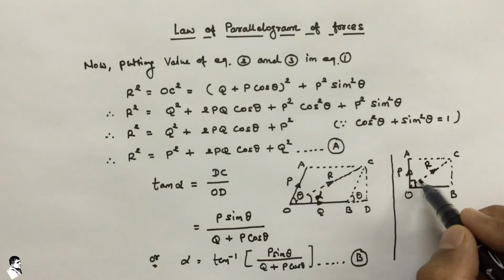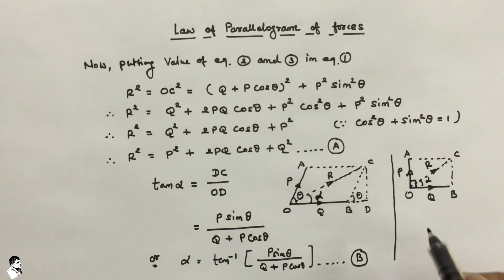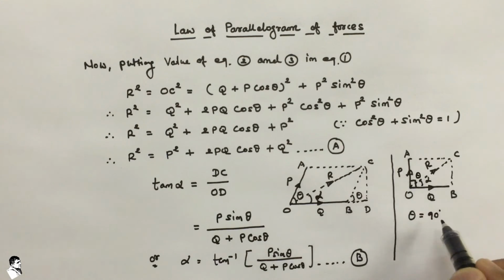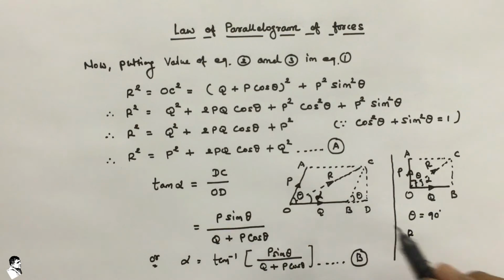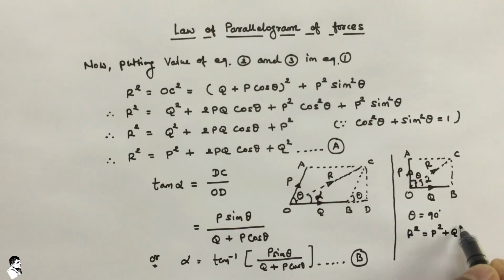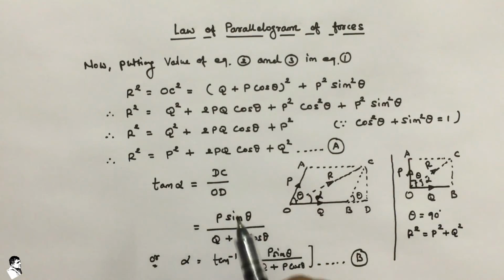So theta is equal to 90. Again we write this equation, but the cos term will not come, so R square is equal to P square plus Q square. This term will not be written because cos 90 is 0, so it is deleted.